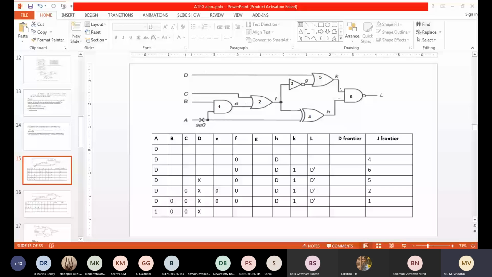Any doubts, students? Or are you listening? Gautam Reddy, Sai Mahit, are you listening? Nikita? Yes, ma'am. Meghna Reddy, are you listening? Yes, ma'am.